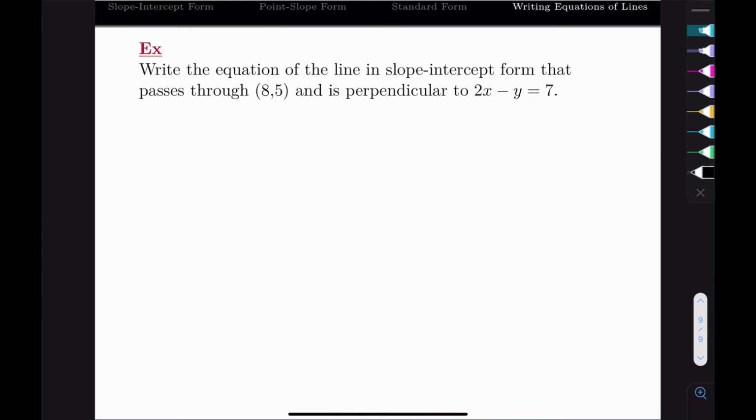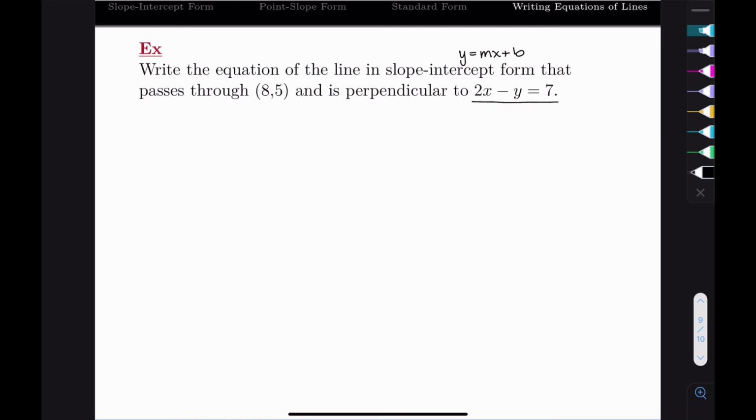So I just have one more example, and it's going to again tie together more concepts that we've already talked about. So we want to write the equation of a line in slope-intercept form, so in y equals mx plus b. Got to manipulate it to this. It's got to pass through the point 8, 5, and it needs to be perpendicular to 2x minus y equals 7.